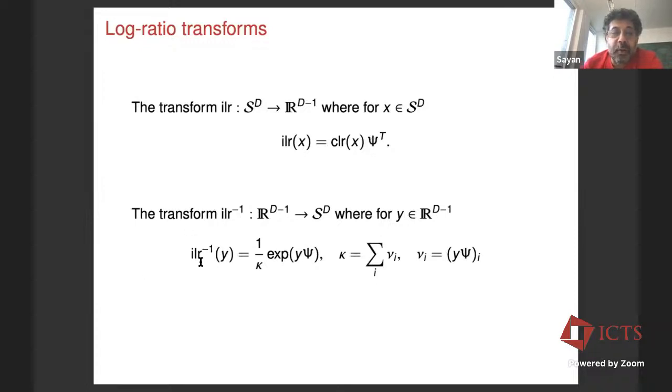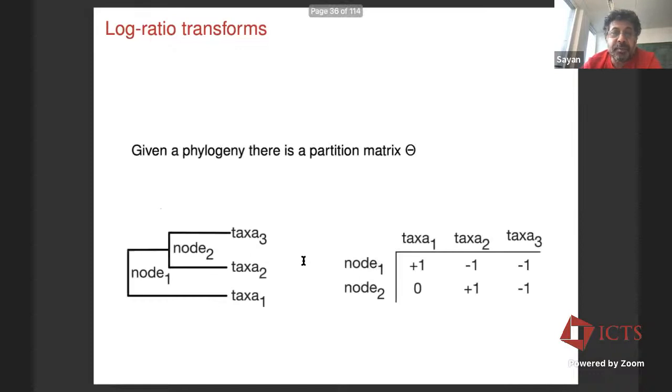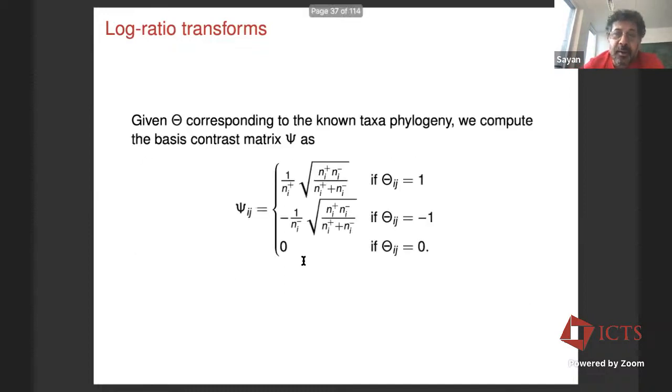If you look at the inverse map of the ILR transform, it rewrites as this exponentiation. Now, one thing that we did that's interesting is that if you know the phylogeny of the bacterial species, then you can actually write out what phi is.